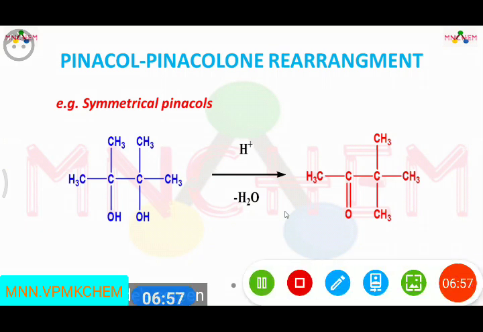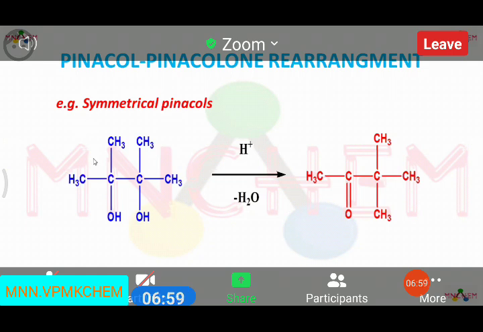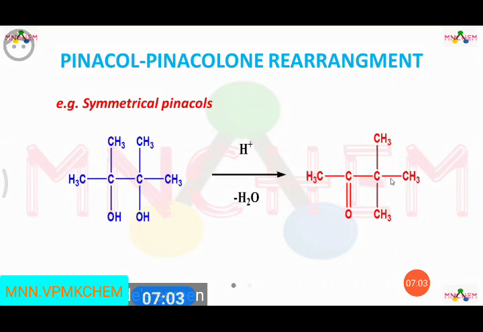Here, one of the methyl groups is migrated to the stable carbocation. This pinacol is symmetrical, so formation of the carbocation in the first step at either of these carbons will result in the same product formation.